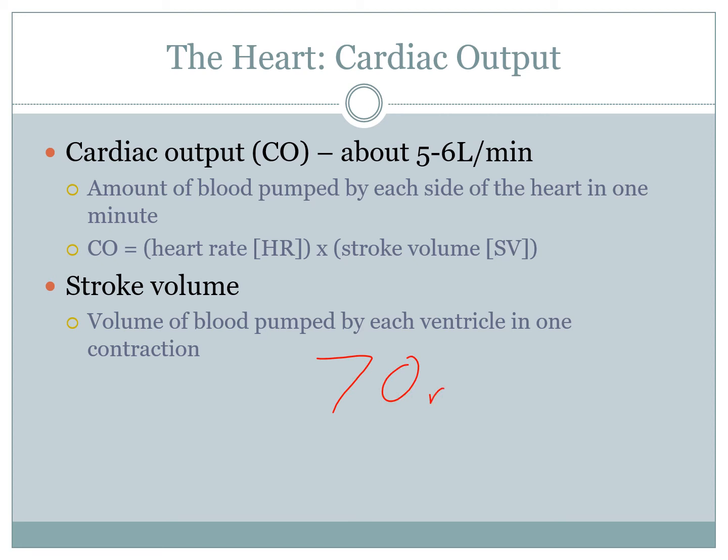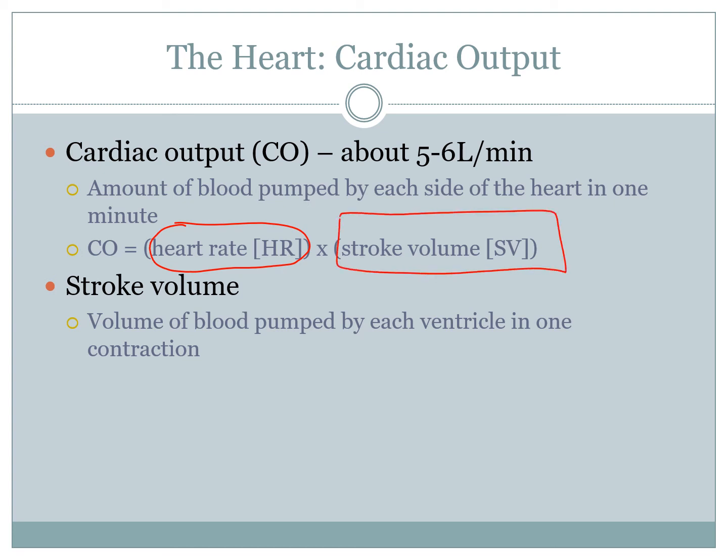Now, there are obviously things that can affect cardiac output. The easiest thing to change is the heart rate itself. You can change the heart rate pretty easily, and it happens all the time based on need. But the stroke volume can also change, and it has to do with 3 factors and the compliance of this Starling's law that I've been talking about the whole time.